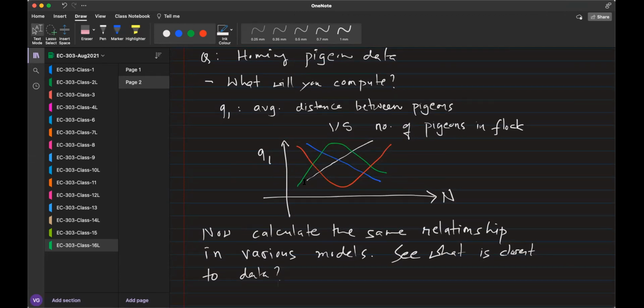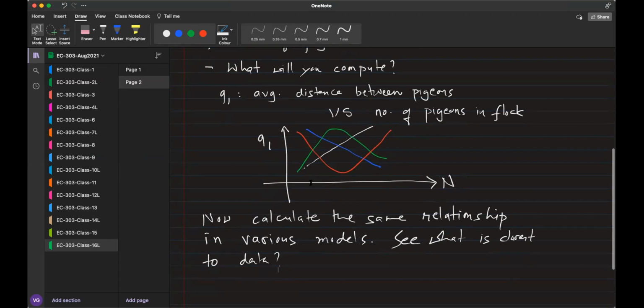For example, we discussed two models for collective motion last time. We can compute this relationship for both the repulsion model and the Couzin model, and we can look up the literature and maybe find two more models of this type and see what they all show. And then see which of them is closest to data.